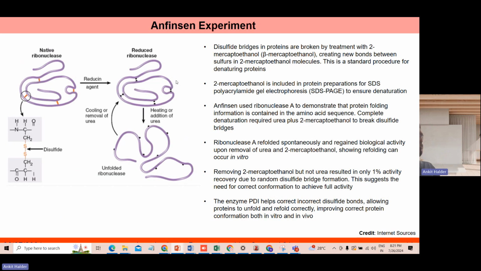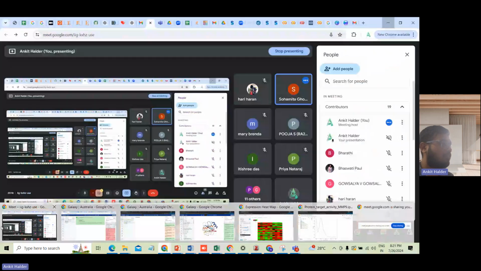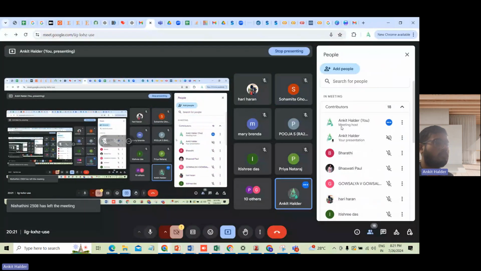Now someone asked a question regarding Anfinsen's experiment on protein folding and how the protein can be denatured. I think this can be answered by any one of you, and then we can look at it. So would anyone like to comment on Anfinsen's experiment?